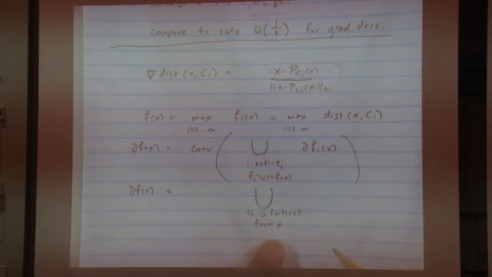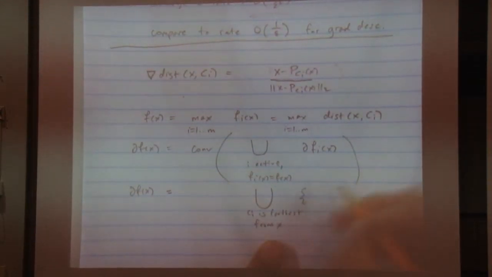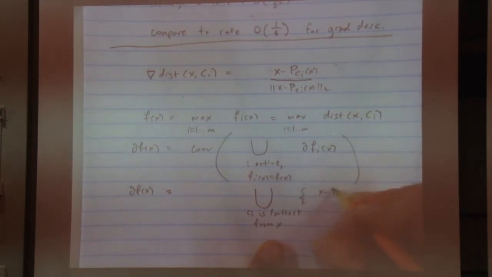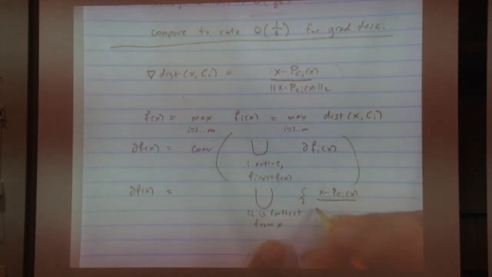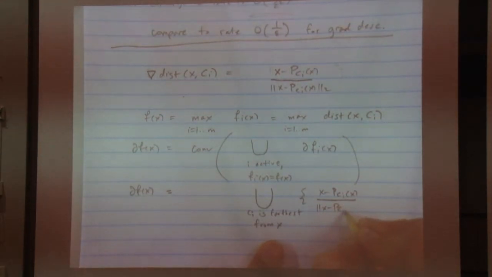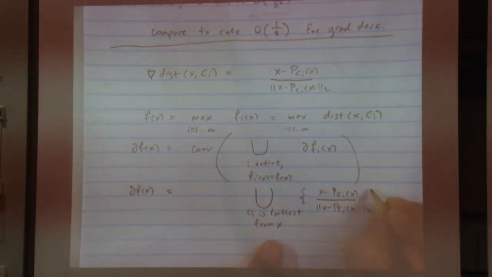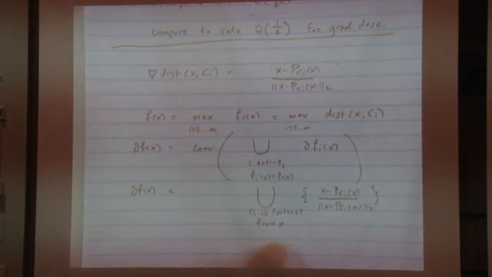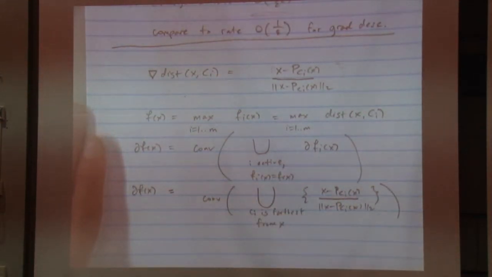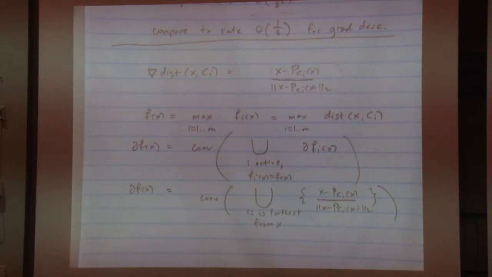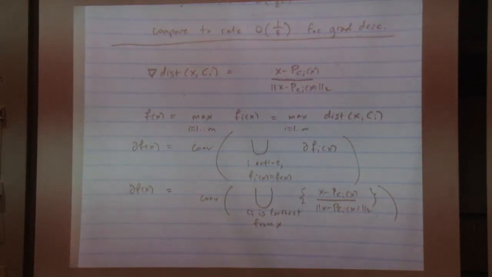We collect all of their subgradients. Their subgradients are just these guys, that we proved. And we take the convex hull of that. So that's the subgradient of our loss function.